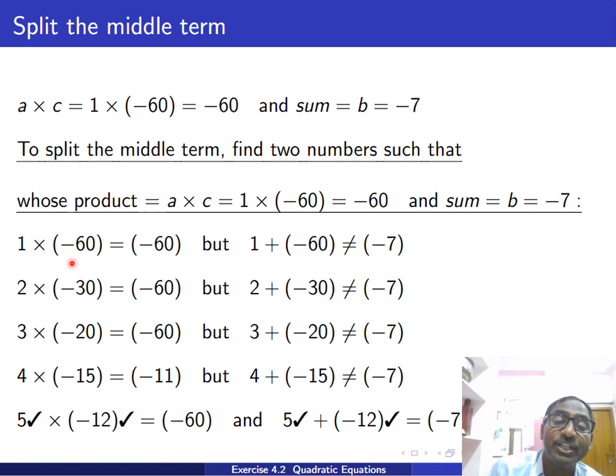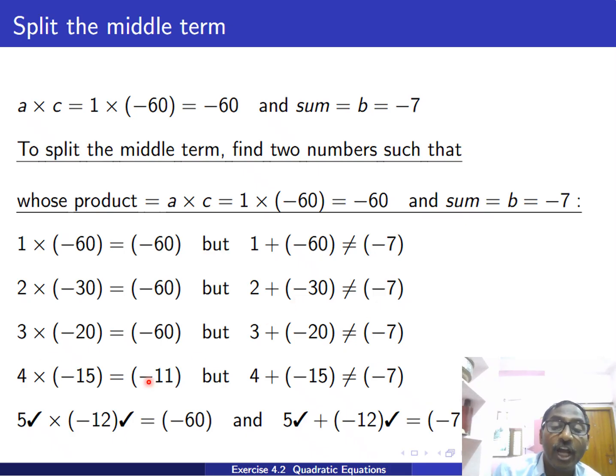Here 1 times minus 60, but 1 plus minus 60 is not equal to minus 7. Here 2 times minus 30 equals minus 60, but 2 plus minus 30 is not equal to minus 7.